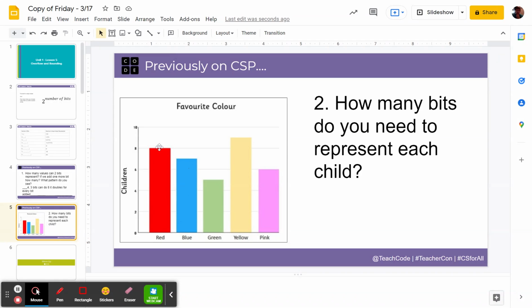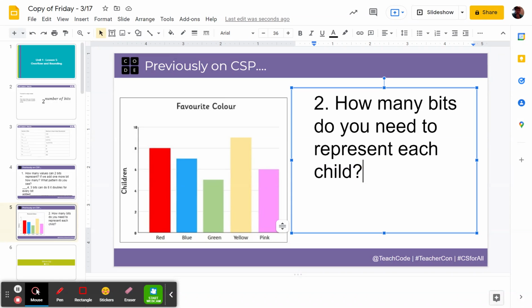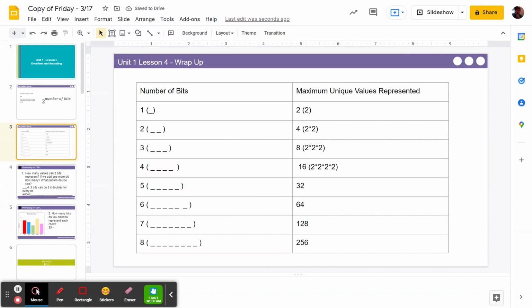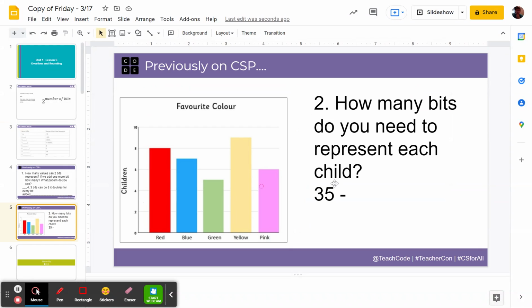That's 7. So I'm adding those together, 15. Plus 5, 20. Plus 9, 29. Plus 6, 35. So the number 35 is the number, and then that is a certain number of bits. I'm going to look. Bam, bam. 5 is not enough. I need 6.